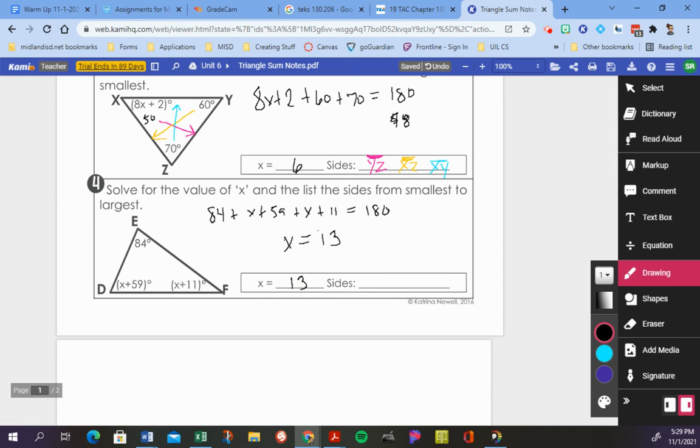Okay, so now we have to plug it in. 13 plus 59 equals 72. So that one is 72. And then I can either add these two and subtract from 180, or I can do 13 plus 11. 13 plus 10 is 23, 24.